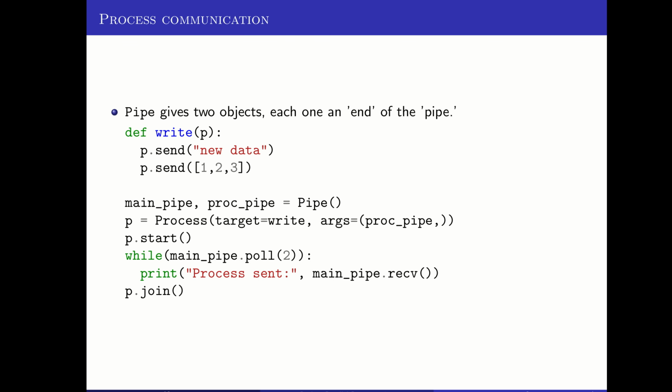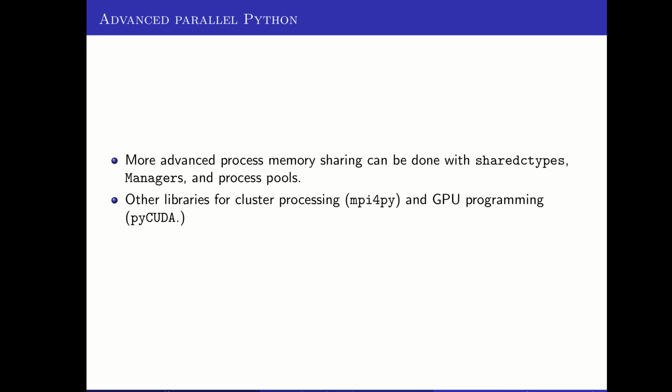Now, there are more ways to communicate between processes that you could certainly work with. These are just two of the main ways that are provided in the multiprocessing module. There are shared C types, if you want to be able to share C-based types of data across multiple processes. There are managers for managing threads.